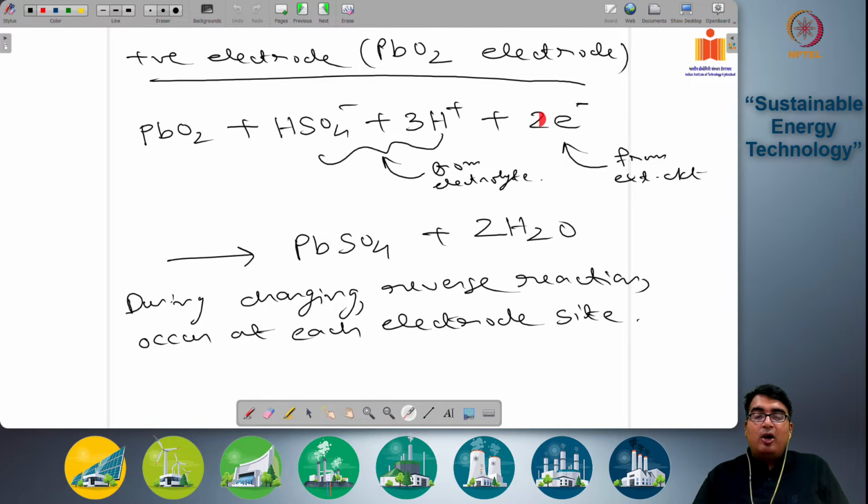So all of these ions are interacting with the lead oxide material in the electrode to form lead sulfate and 2H2O. So here a recombination reaction is being produced where you are getting neutral molecules from ions. And as we discussed, during the charging process, the reverse reactions are happening at each of the electrode sites.